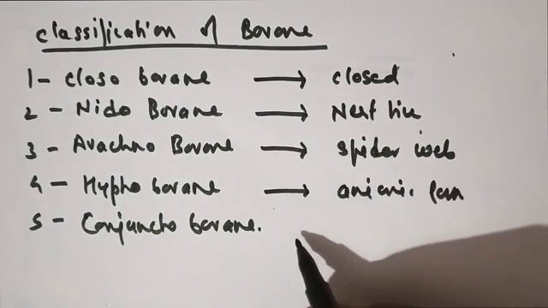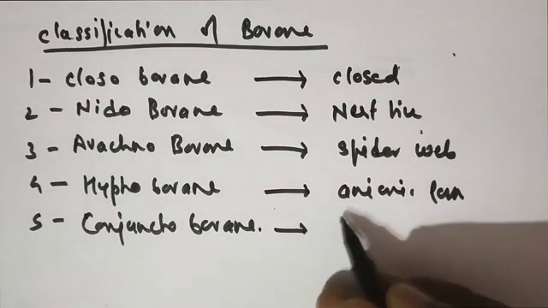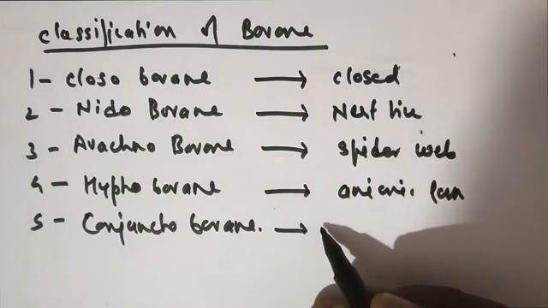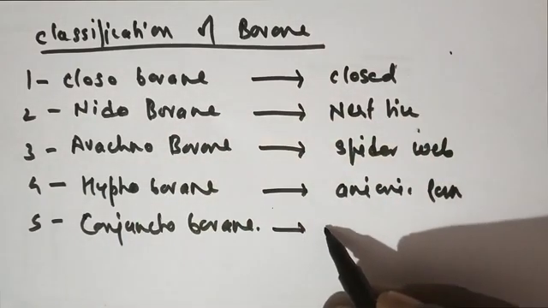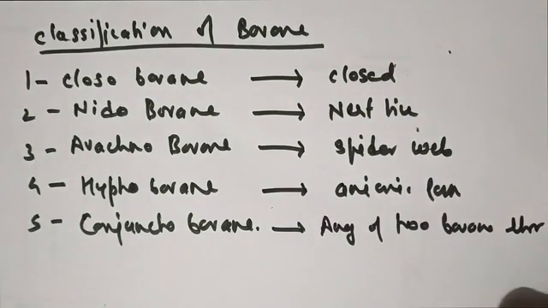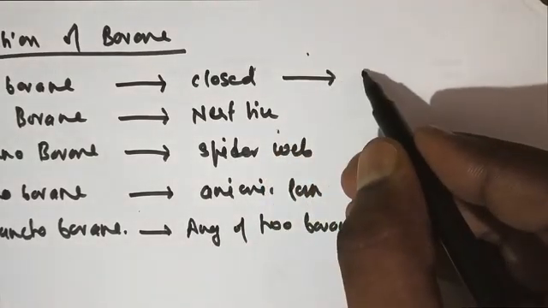For the conjunctoborane, its structure depends on any two of these boranes, a mixture of two borane structures.